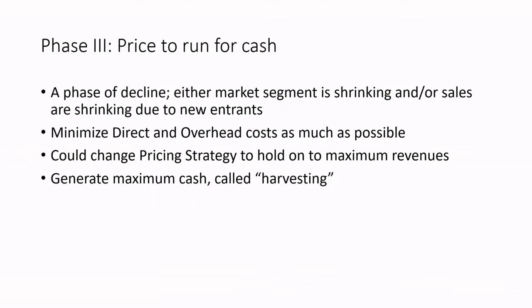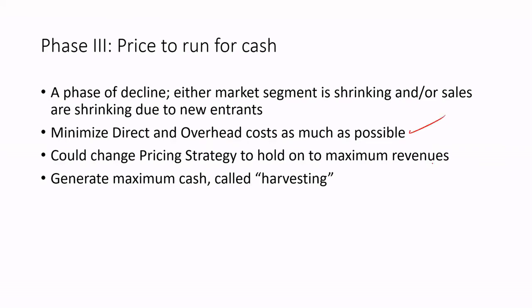And then finally, if we enter into this phase three where the number of users starts to decline, either because the market segment is shrinking or new technologies come in, or where there are new entrants that are taking business away from us, whatever, we need to probably continue this effort to minimize direct and overhead costs as much as possible.